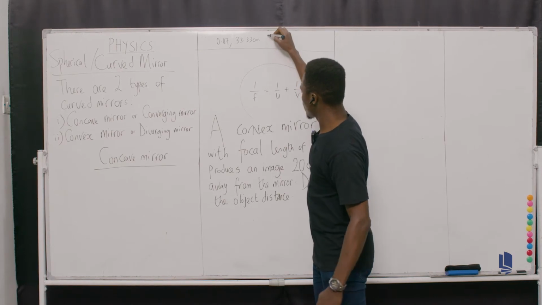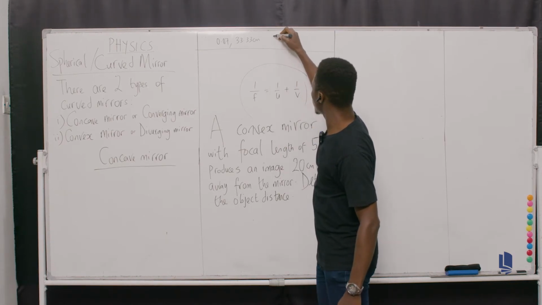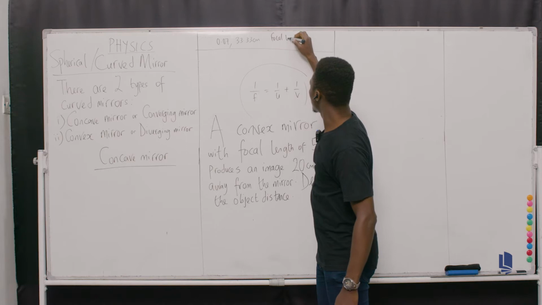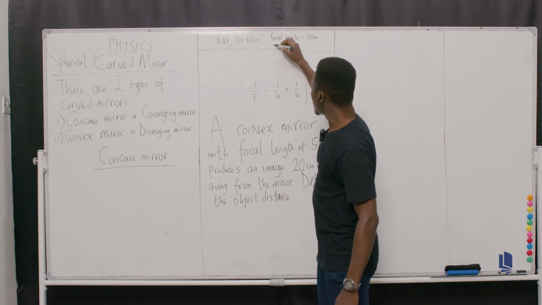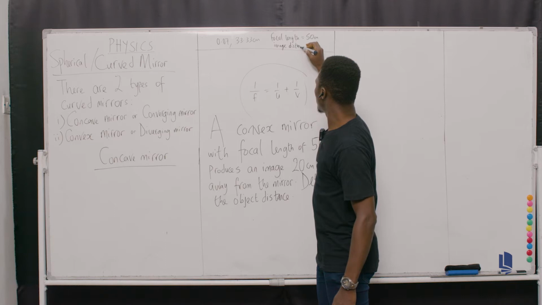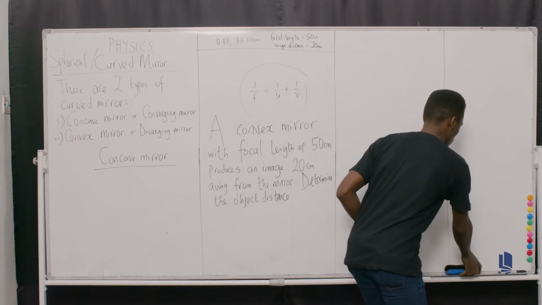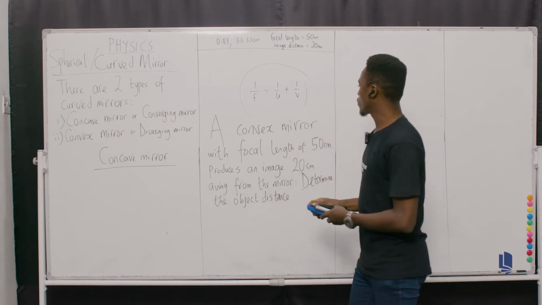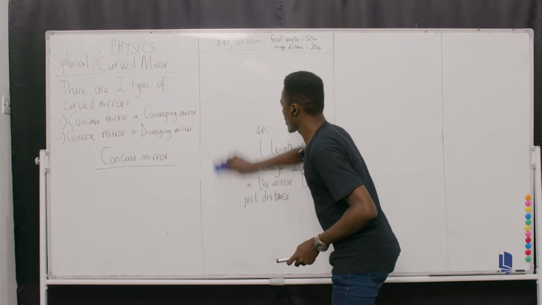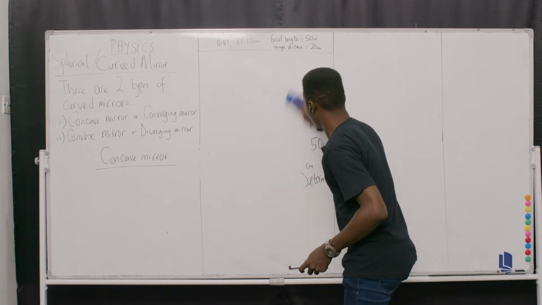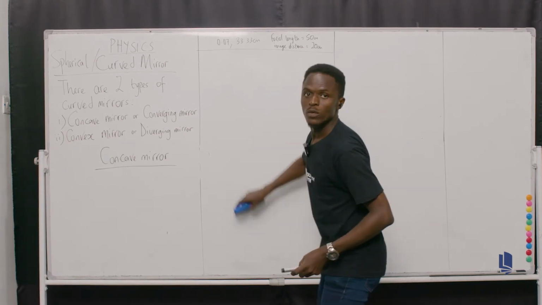These are my answers, and the question was such that focal length was given as 50 centimeters, and our image distance was given as 20. I can have space to write, so I'll be cleaning this aspect. So here we go.